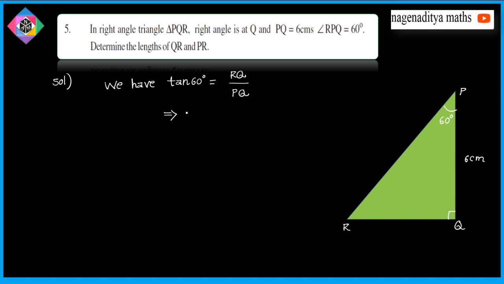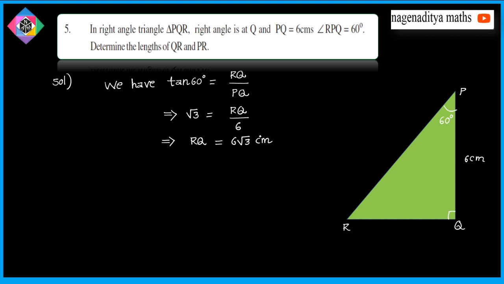The value of tan 60 is root 3. So root 3 is equal to the value of RQ, we have to find that, by PQ, which is 6. So this implies RQ is equal to 6 multiplied by root 3 centimeters.